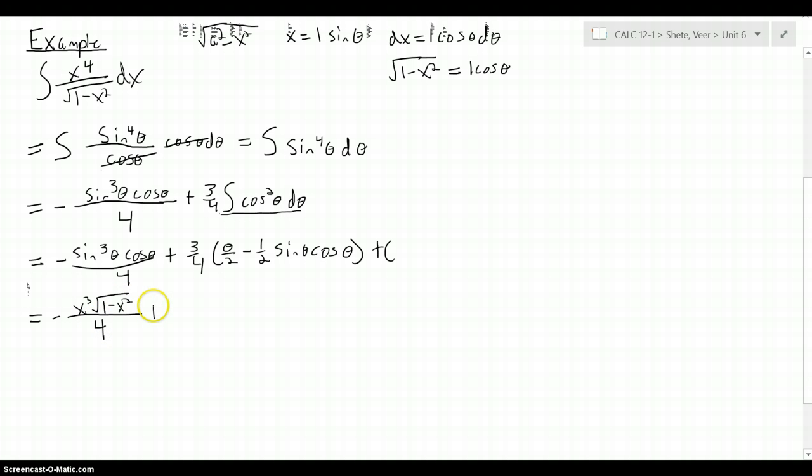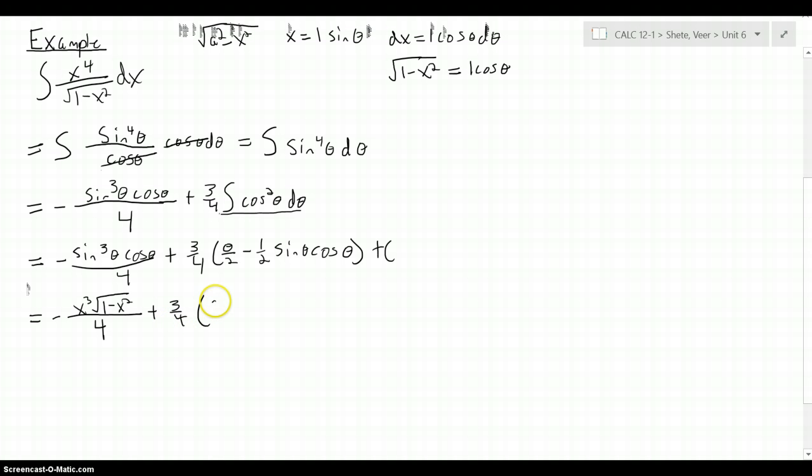Plus 3/4. Now this is where it gets a little bit trickier because we're looking for our value of theta in terms of x. All we'll have to do to get theta is take the arc sine of x, as the sine has been moved to this side.